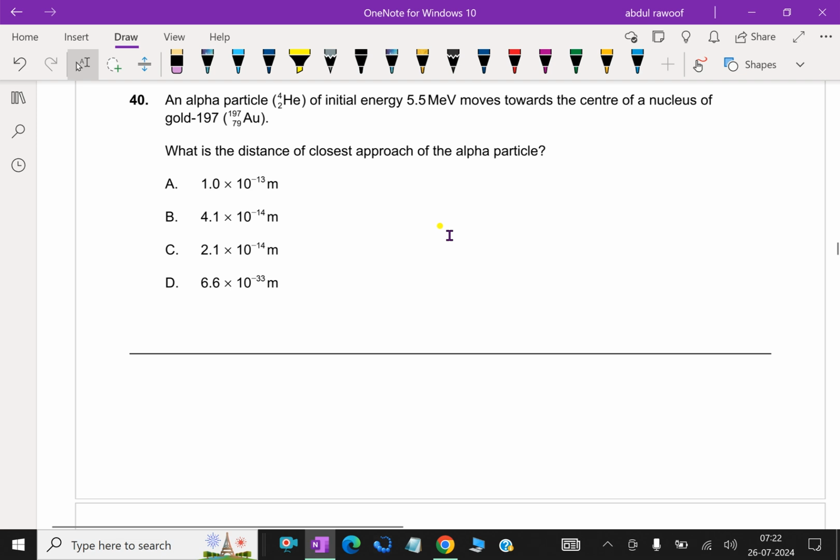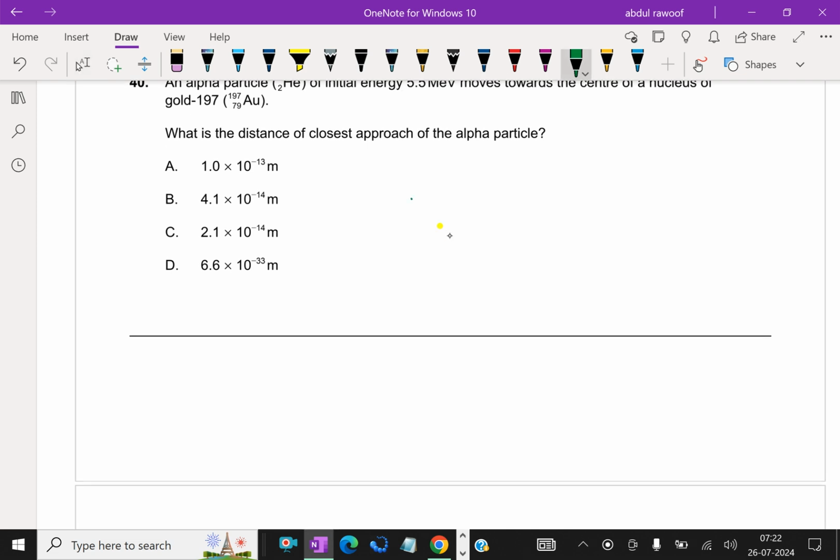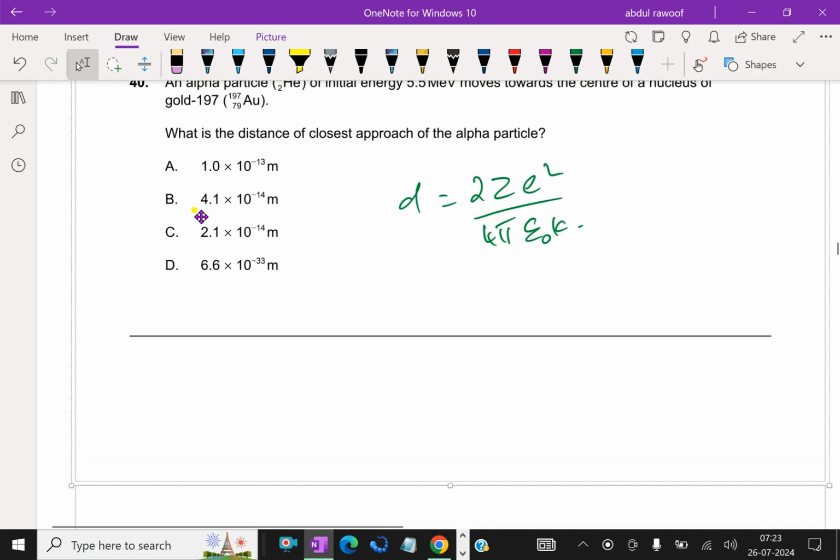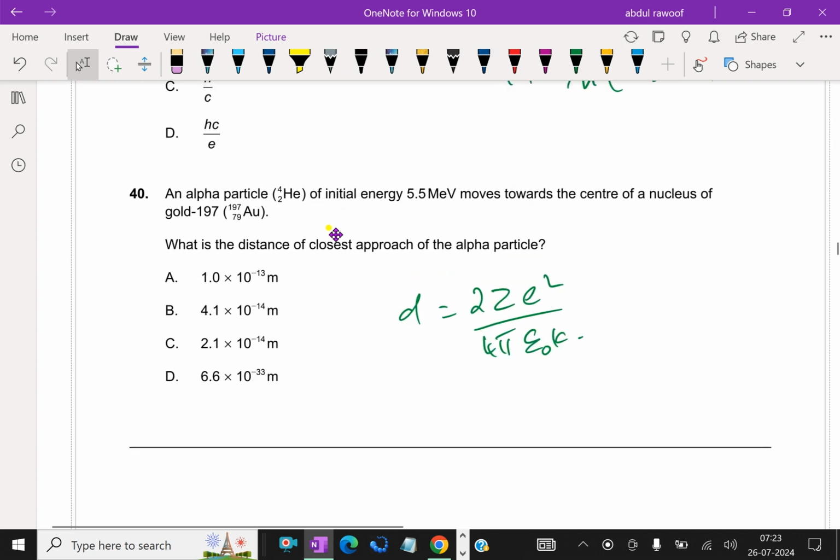The closest approach formula is d equals Z, atomic number Z, e square over 4 pi epsilon 0 K. By using this formula, we get this distance, nearly 4.1 into 10 power minus 14 meter.